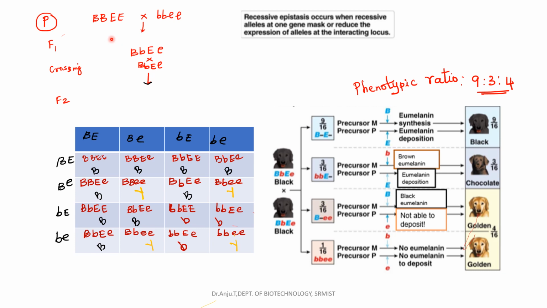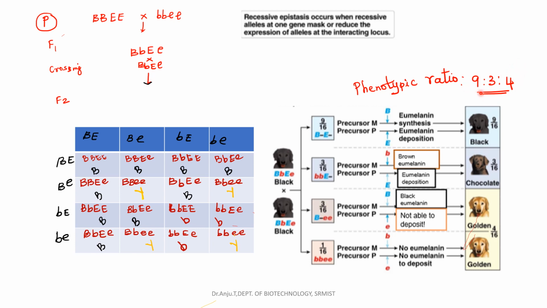So we are taking a cross. If you are crossing the heterozygous parents, then you draw the Punnett square and see what the outcome is. You have the black coat, which is 9, the light brown is 3 out of 16, and yellow is 4.